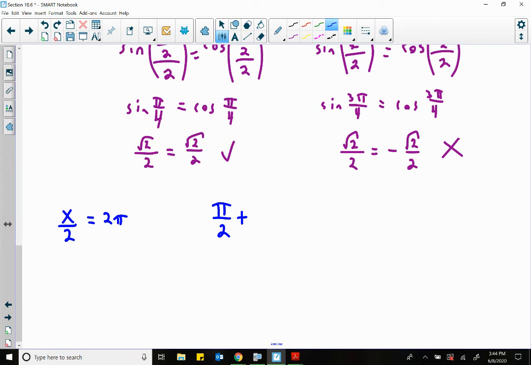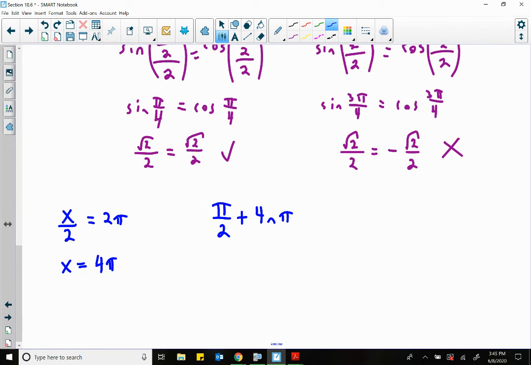So what does a half angle do to a normal 2 pi period? It turns it into 4n pi. So if I want all the exact angles for this, my period has been stretched to 4 pi. Because you got to multiply both sides by 2.